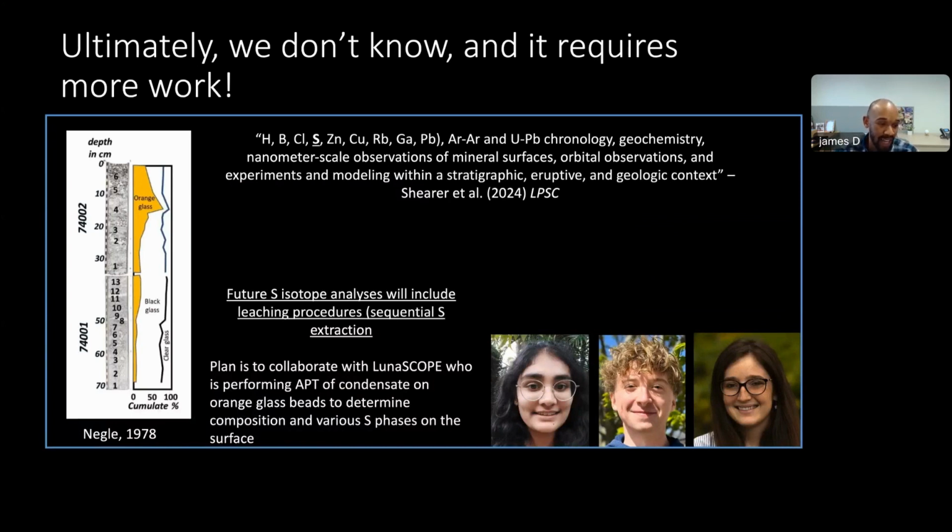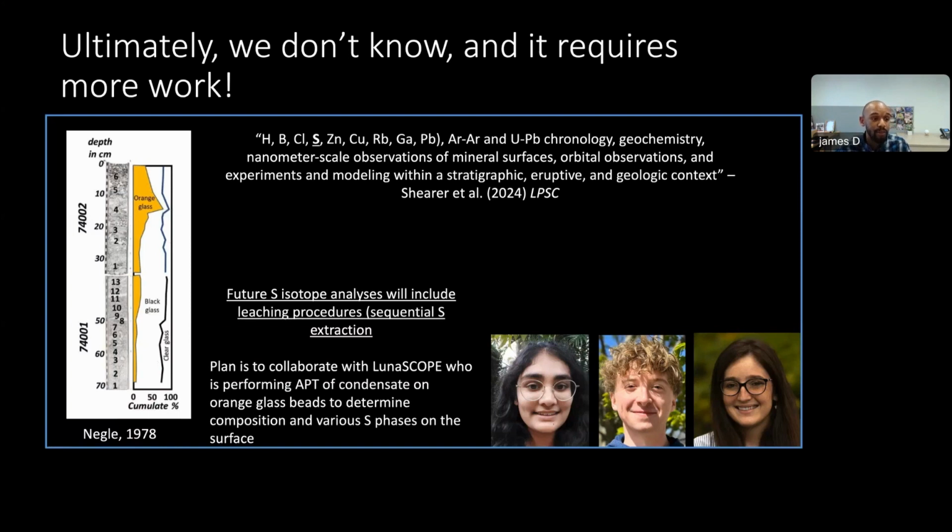This is work that we plan to do related to CERVI, CASA Moon, where we're going to be analyzing many different isotope systems of different portions of the drive tube 74002/1, from the top all the way to the bottom, to really try to understand the nature and history of this volcanic eruption and whether we can gain more insight into how volatiles were processed during this eruption.